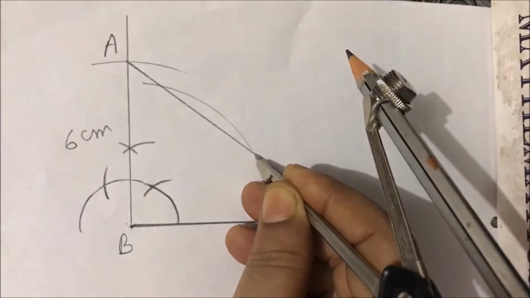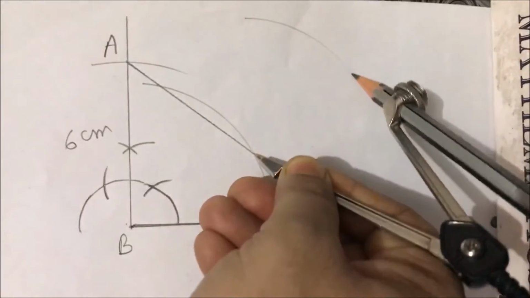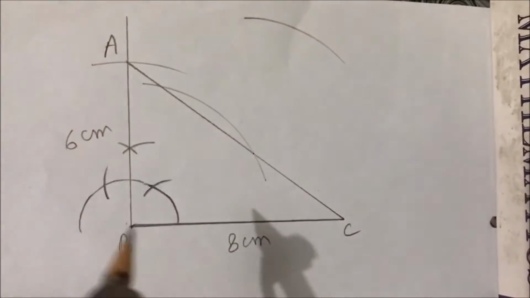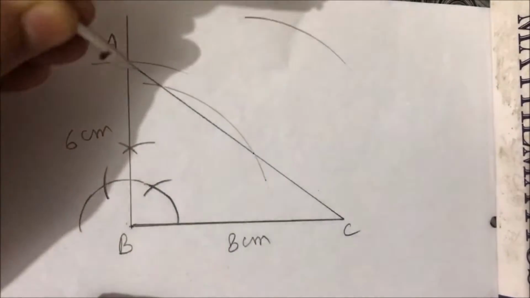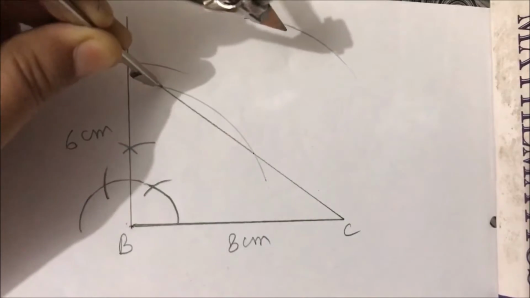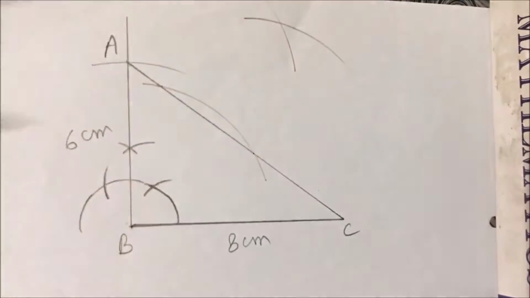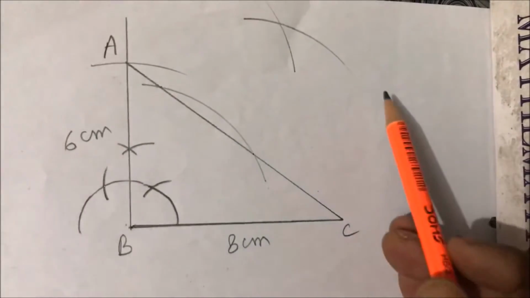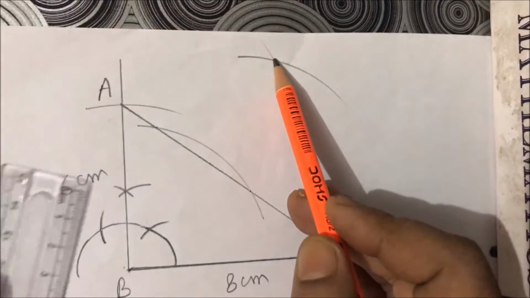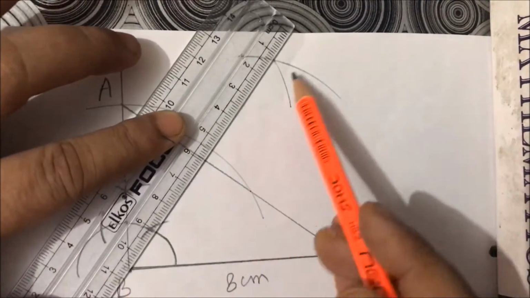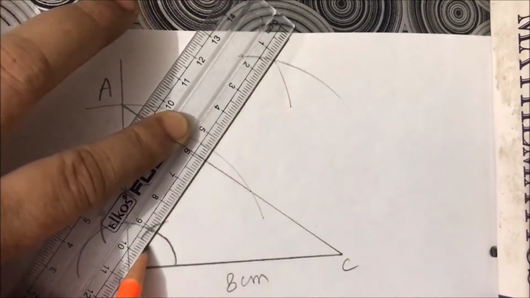Then with these two distinct points, draw an arc from this point and draw another from this point. Then join the point of intersection with B.